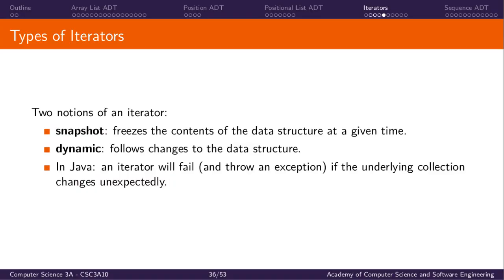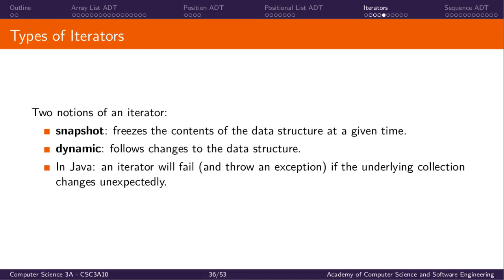So there are two types or notions of an iterator: a snapshot one, which freezes the data structure at some moment in time. So when you call iterator, it will give you an iterator over the elements of that data structure at that moment in time. If anything changes in the data structure, those changes will not happen to the iterator.